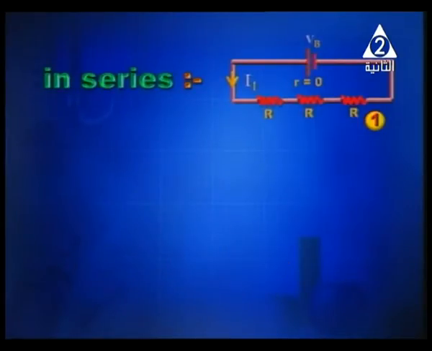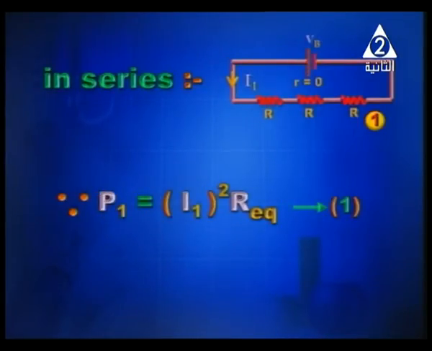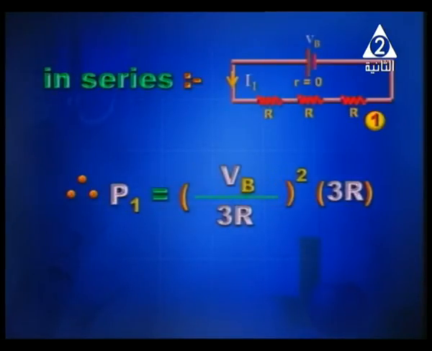And how to determine the power? We've got three expressions. One of them is I squared R equivalent. So I1 squared times R equivalent, and I1 is equal to V battery over 3R. So (V battery over 3R) all squared times 3R. Why 3R? We are talking about the whole circuit, so the equivalent resistance of the whole circuit is equal to 3R.